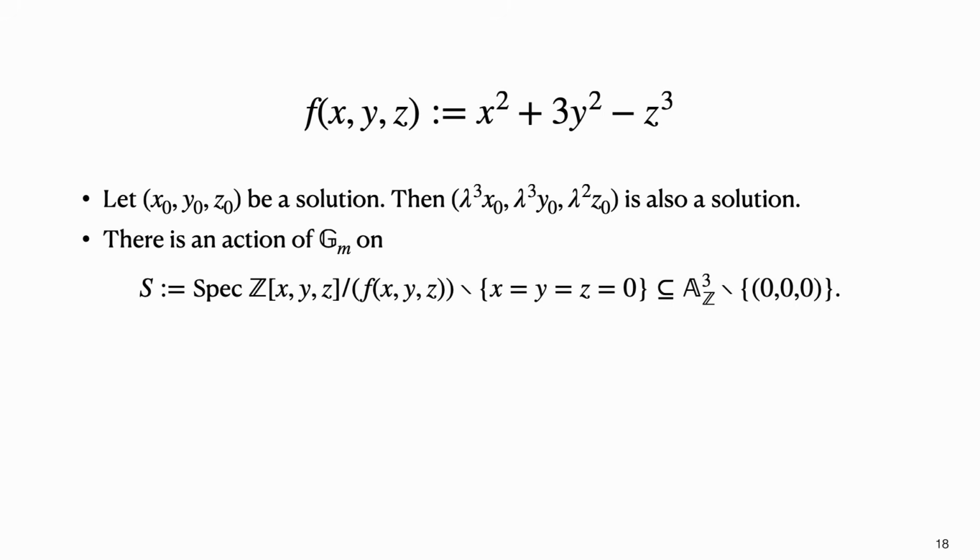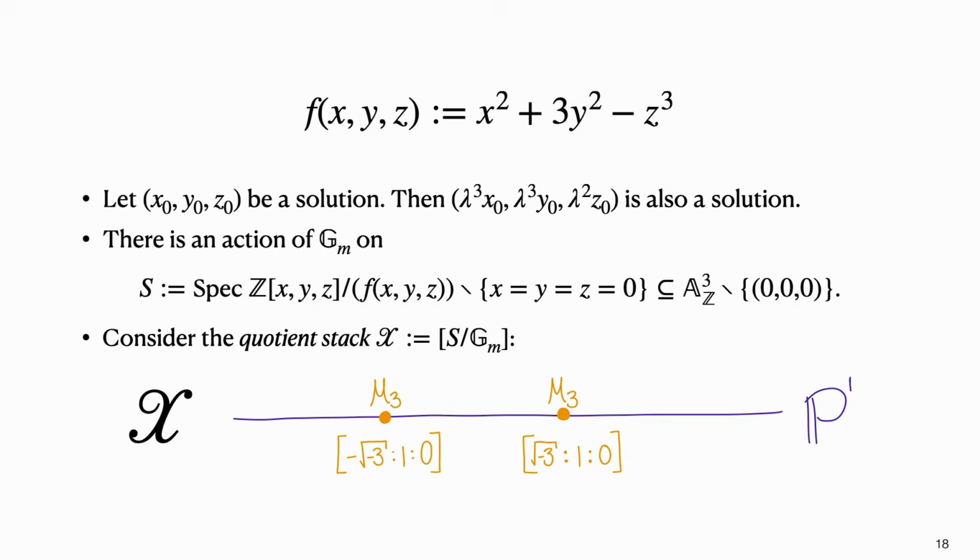That implies that there is an action of G_m on this scheme. So you're just taking the solutions to that polynomial, and then you are acting by constants like this. That's all I'm saying. And what you can do is consider the quotient of this scheme by the action.